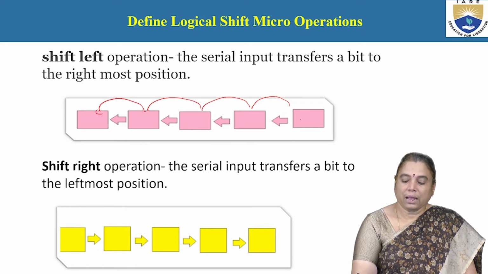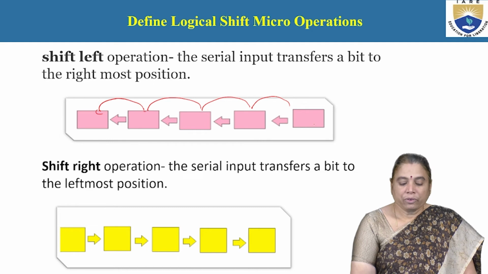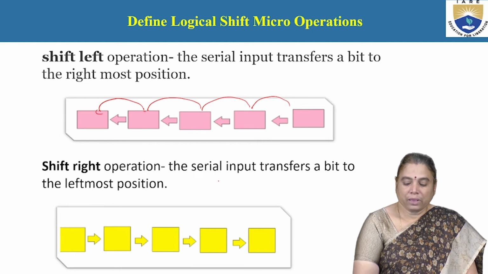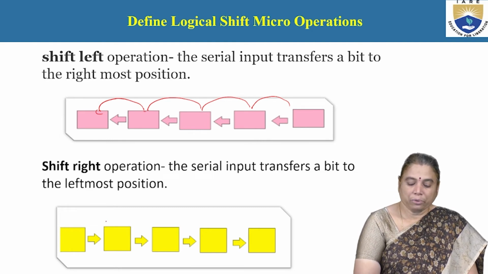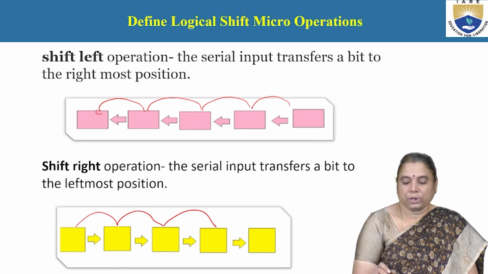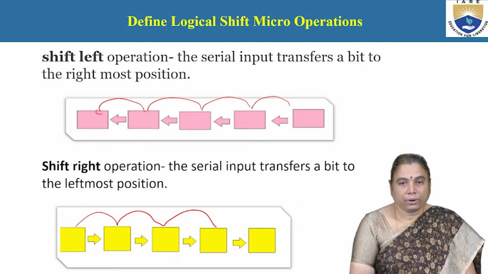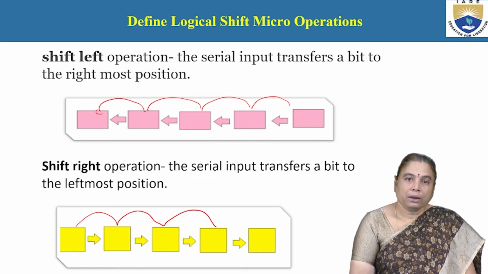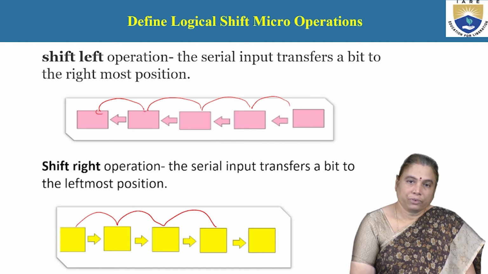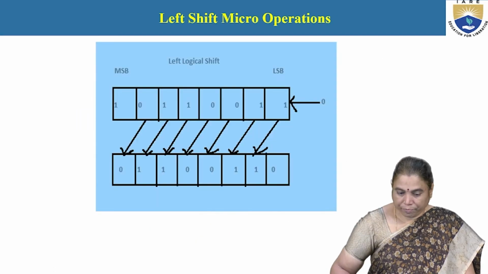We will discuss that with an example. Shift right operation means the serial input transfers a bit to the leftmost position. So in each shift category, the bits can be traversed either in the left direction or in the right direction depending upon the type of the shift, either the left shift or the right shift.